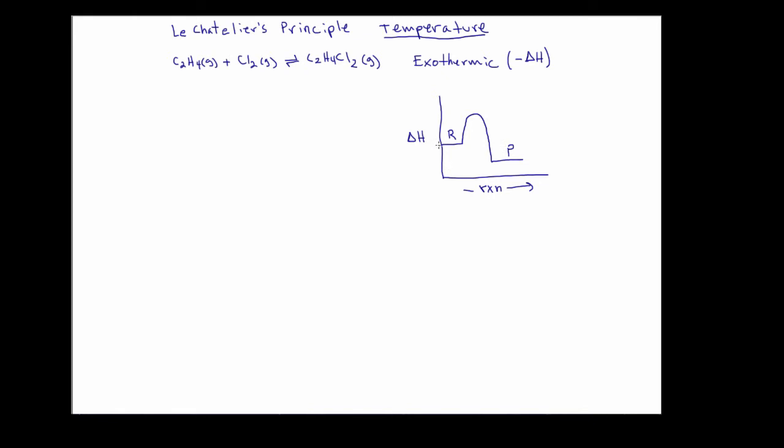And this position here we might call H1, and this position here would be H2, and the energy difference is going to be the delta H, which in this case is going to be associated with a negative sign, because the negative sign indicates that energy is being released in this reaction, which is the hallmark of an exothermic reaction.